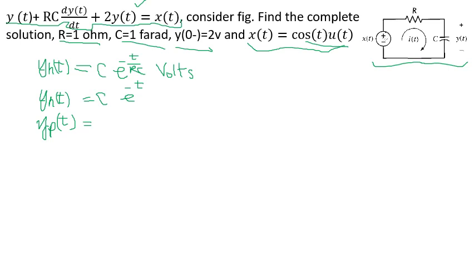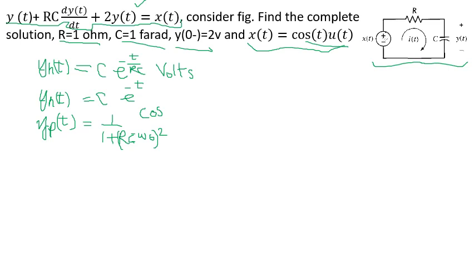So if you recall, or you can just check, it's 1 over 1 plus RC omega naught squared, into cos of... Here omega naught is 1, so I can straight away replace it with 1.